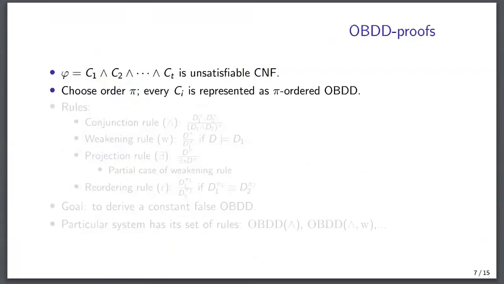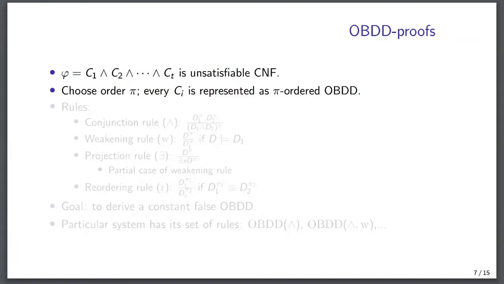Now I will define OBDD proof systems. In an OBDD proof system, proof lines are represented by OBDDs. We have a formula phi that is a conjunction of clauses. We choose some order of variables, and every clause of this formula we represent by an ordered BDD.